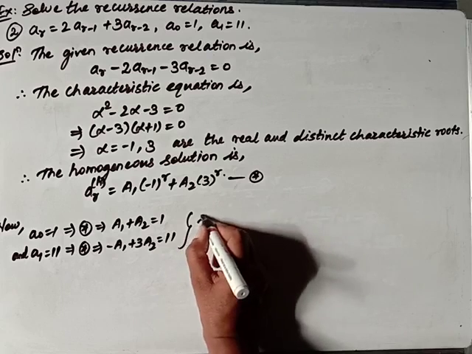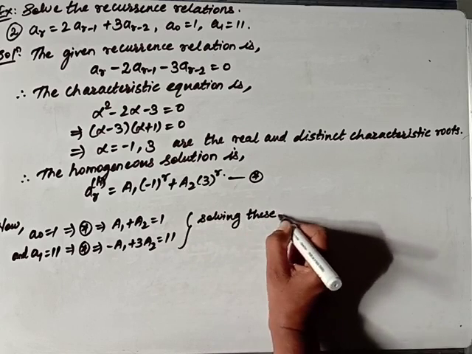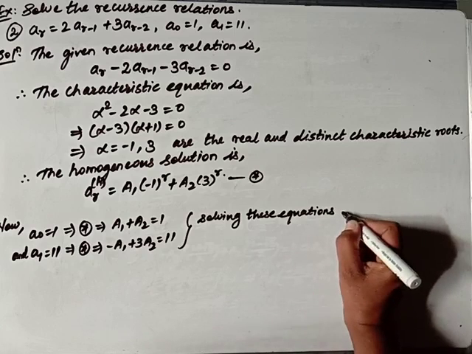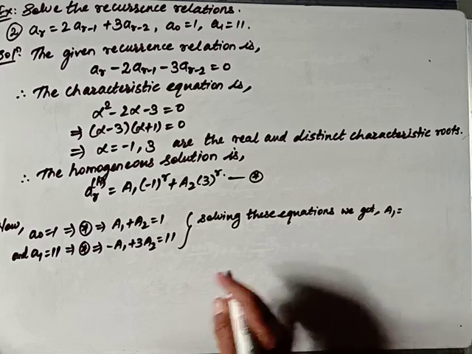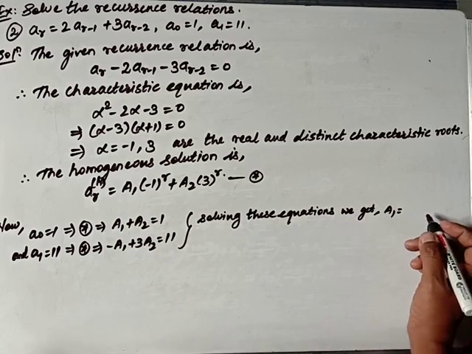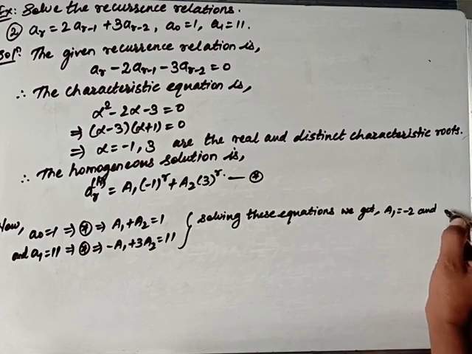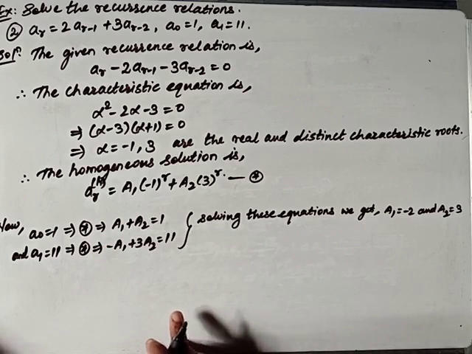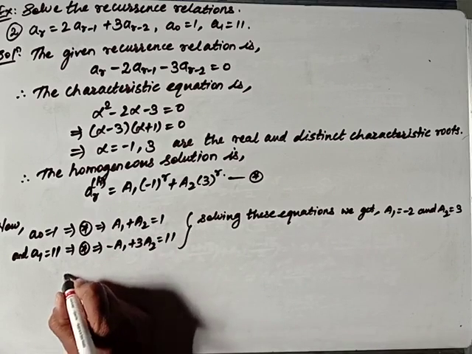Solving these equations, we get A1 equal to minus 2 and A2 equal to 3. You can solve it using the elimination method. It is very easy. A1 has opposite coefficients, so we can easily add them and find A1 and A2.